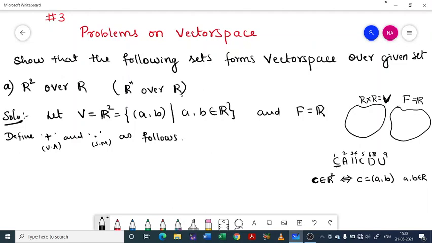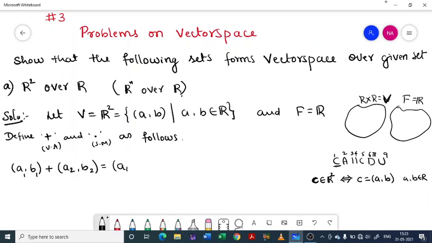Vector addition means addition of two elements in R square. Let us take (a1, b1) plus (a2, b2) to be equal to (a1 plus a2, b1 plus b2).